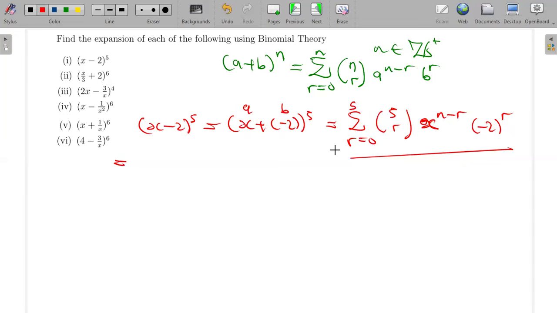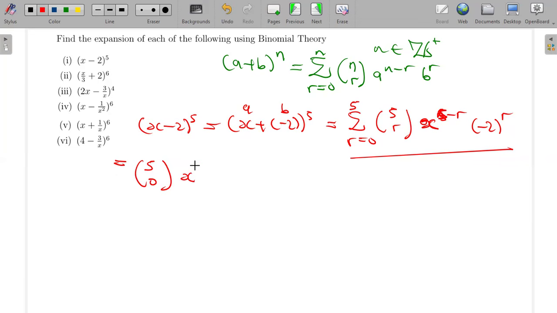You're summing, so you're adding each and every term from r equal to 0 to r equal to 5, because that's the highest power here, because we said 5. Okay, so now that there is just going to be 5 choose 0. We're starting at 0, and then you have x to the power of, so our n here, so that n is 5.